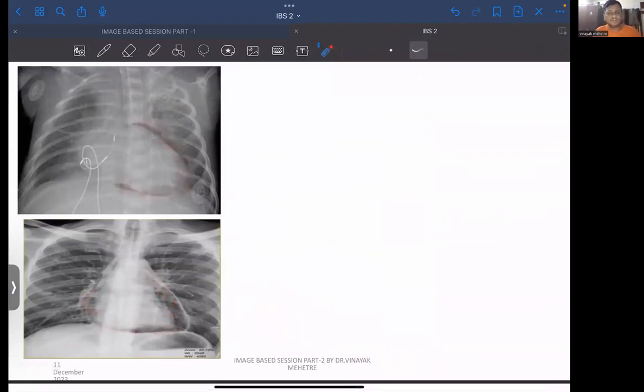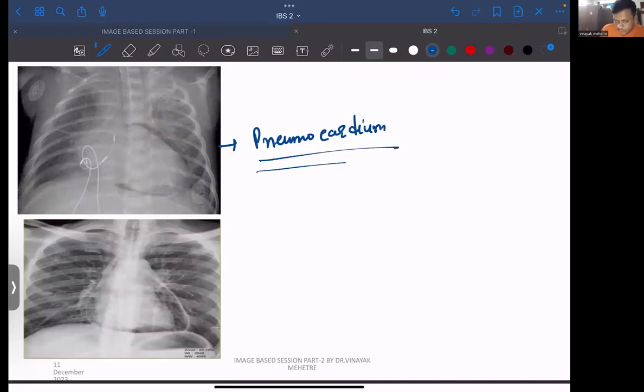This we call pneumopericardium. It is entrapment of air in the heart borders or in the pericardium. Air has gone inside, and that is called pneumopericardium.